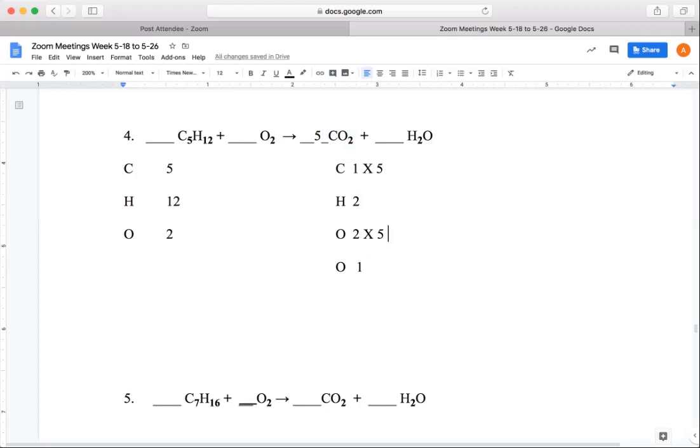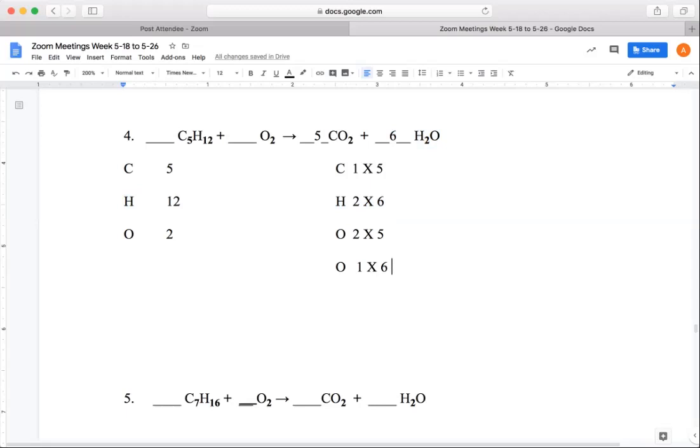Now, the carbons are balanced because we have 5 on both sides of the equation, but the hydrogens are not. So we're going to multiply this by 6 to make the number of hydrogens equal, and we're going to have to put a 6 in here. But know that multiplying this water molecule by 6 will ensure that this oxygen is also multiplied by 6.